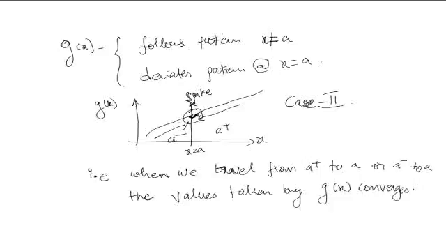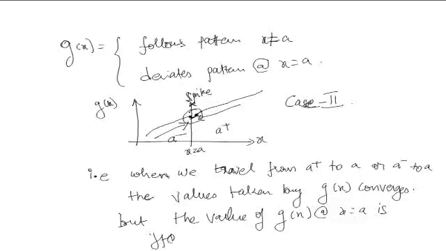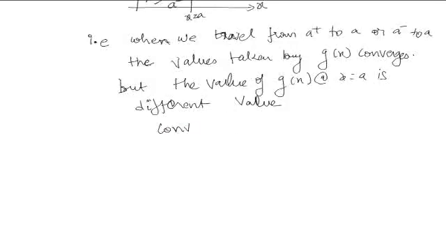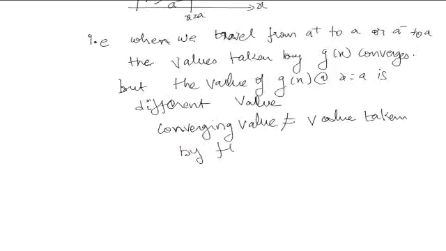But what is the deviation? The value of g of x at x equal to a is a different value, that is, the convergent value is not equal to the value taken by f of x at x equal to a.